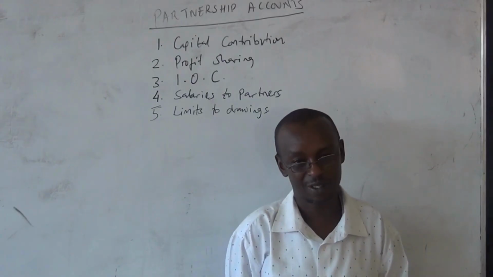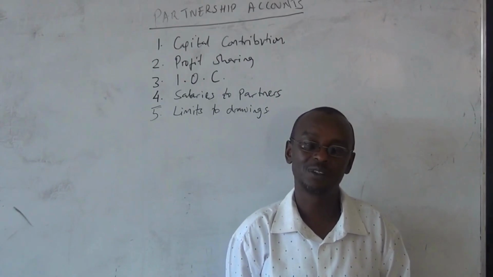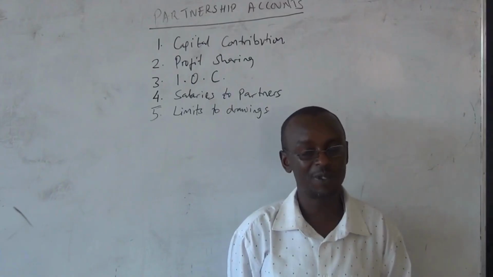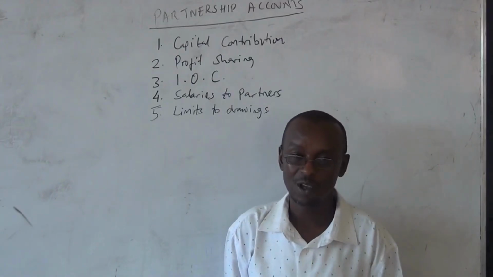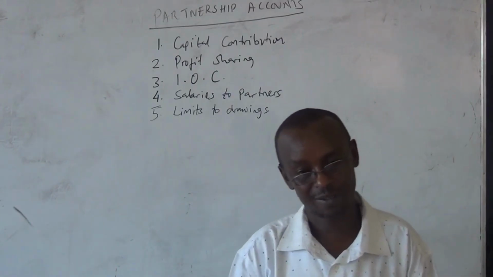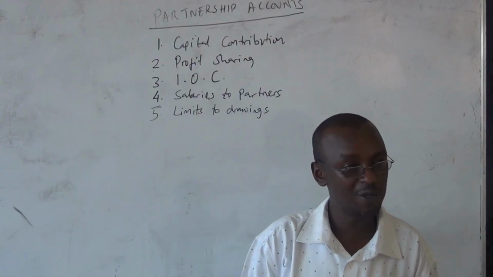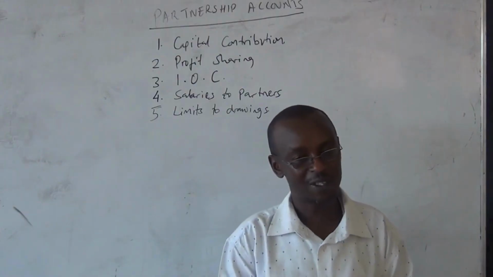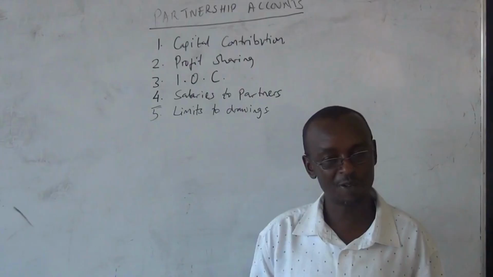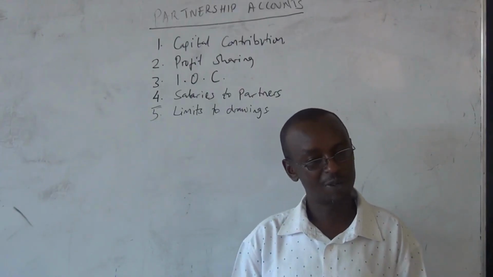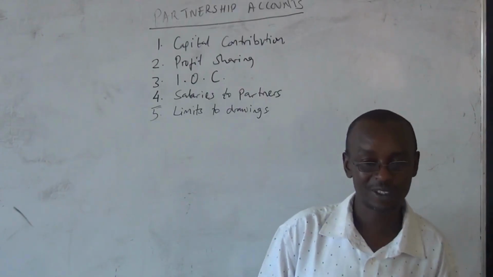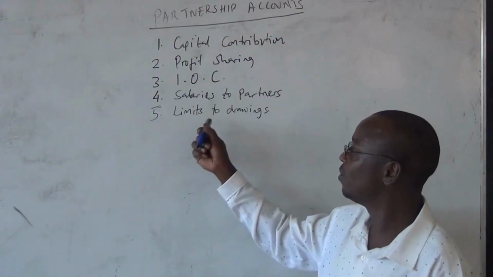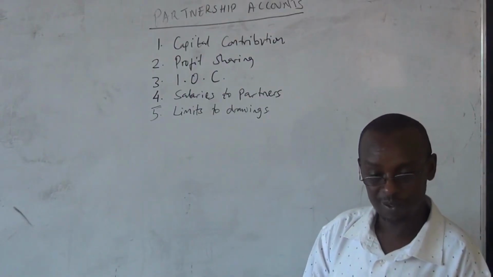Those are the things. The same with partnerships. We can have a scenario where a partner will withdraw money from the business for personal use. So the partners will agree, yes, we will be having drawings, but to a certain limit. Nobody will be drawing more than 5,000 per week. Nobody will be drawing more than 10,000 per month. The same way they have agreed to the salaries of the partners who are working, they will also agree to the limits on drawings.